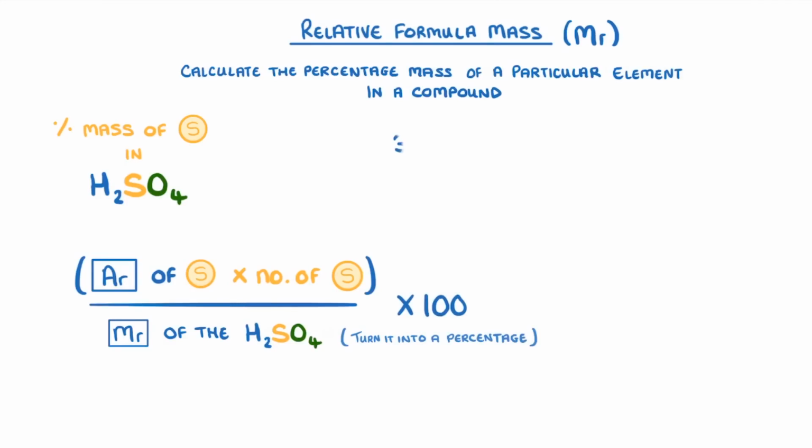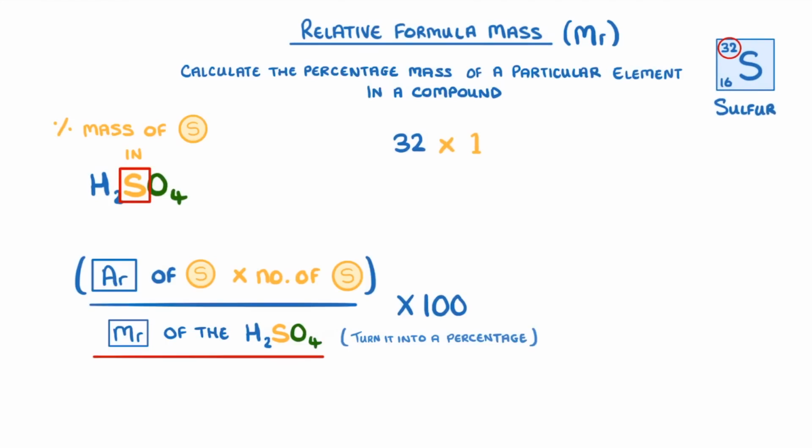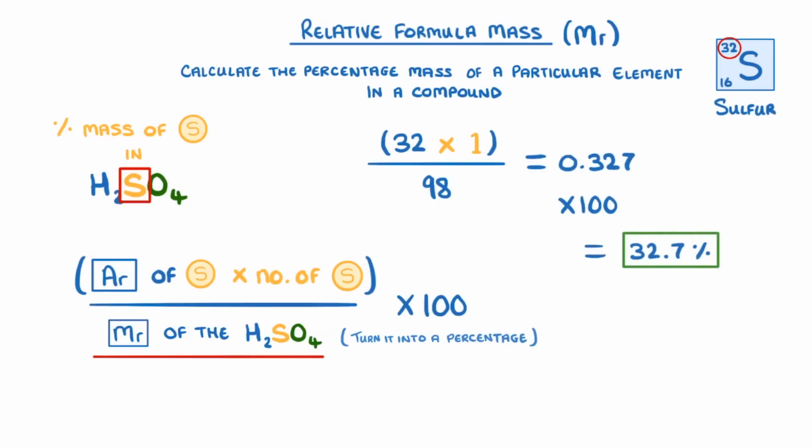So here we would do 32, which is the Ar of sulfur, times 1, because there's only one atom of sulfur in sulfuric acid, divided by 98, as that was the compound's relative formula mass that we found a minute ago. This gives us 0.327, which we then times by 100, giving us our answer of 32.7%.